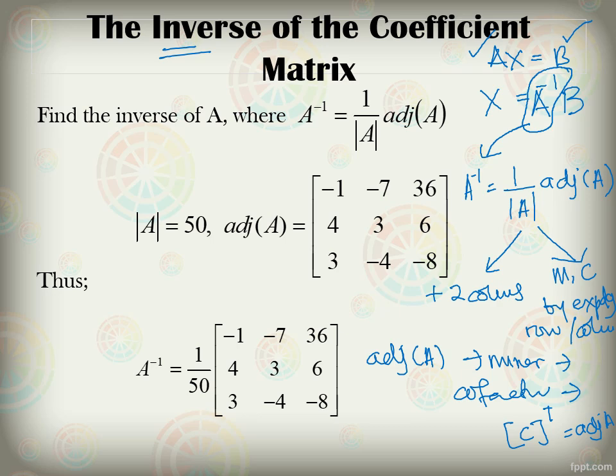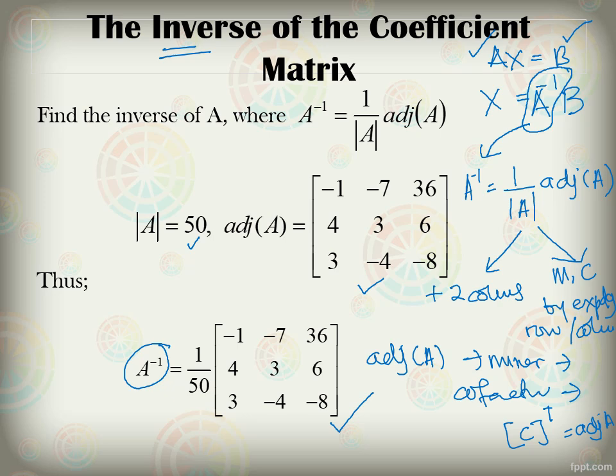But here I have already calculated the determinant of matrix A is equal to 50 and the adjoint is equal to this matrix. Alright, so substitute these two values into the inverse formula. Alright, so this is the inverse matrix A.